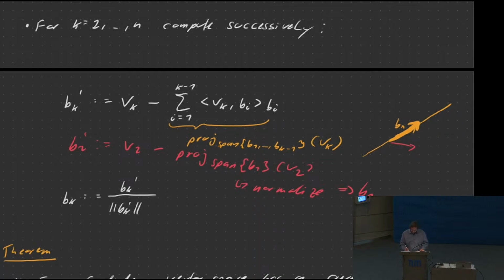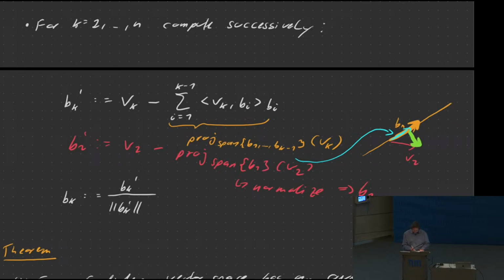So what that means is basically we write this V2 vector, this red one here, as a sum of one vector that is in that space and one vector that is orthogonal to that space. So this here is our projection. And this vector here is V2 minus the projection. Maybe let me use another color for that.